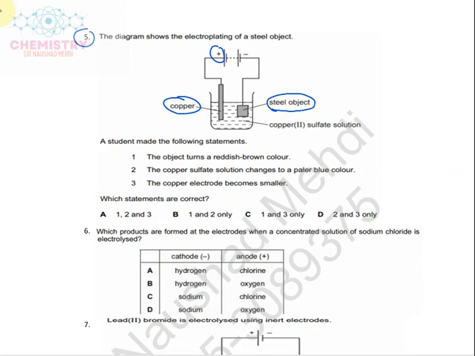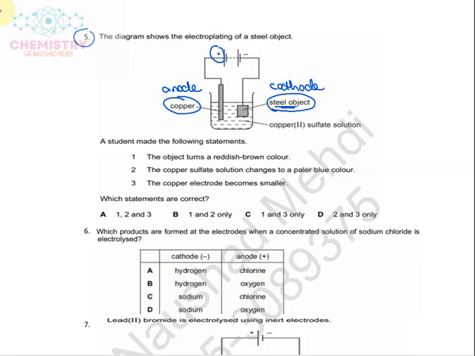In electroplating, just remember one thing: the metal which you are electroplating is always at the anode, and the object on which you are doing the electroplating, in this example the steel, is the object. The object can be a spoon, a coin, or something like that. The object upon which you have to do the electroplating is always taken as the cathode. All right.